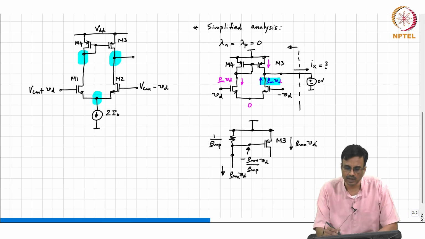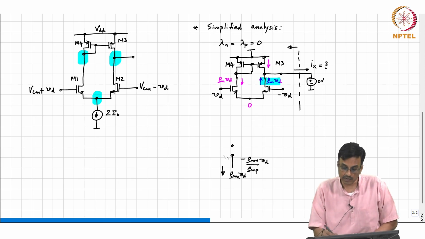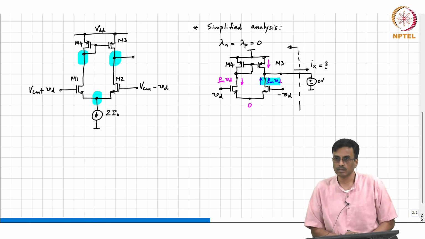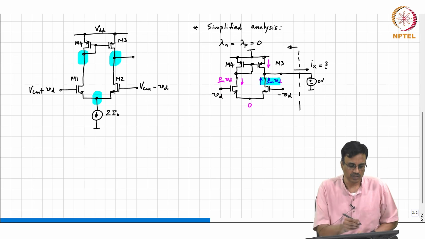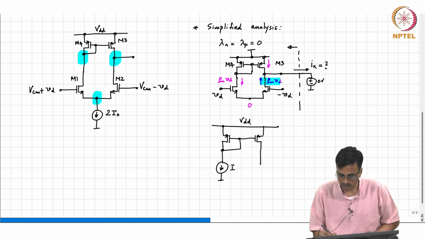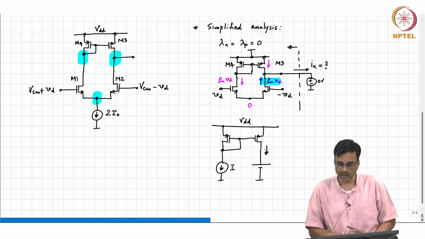Is there some way of simply staring at the circuit and saying, "Oh, this is obvious"? So it's a current mirror after all. Remember that in the large signal picture, if this current is I and this transistor is in saturation and lambda is 0, what comment can you make about this current?